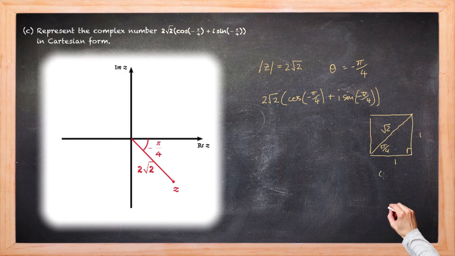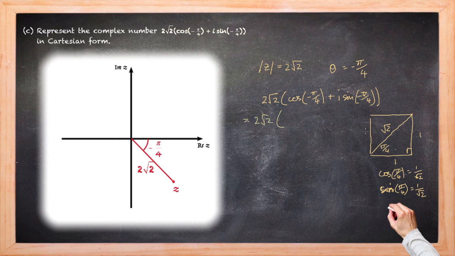So exact values, the cosine of pi upon 4, that's positive pi upon 4, is 1 upon root 2. And the sine of pi upon 4 is also 1 upon root 2. So we can proceed in evaluating this.